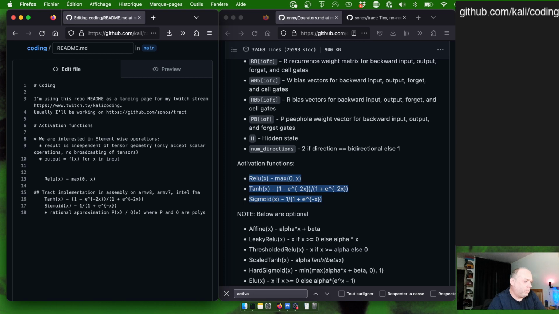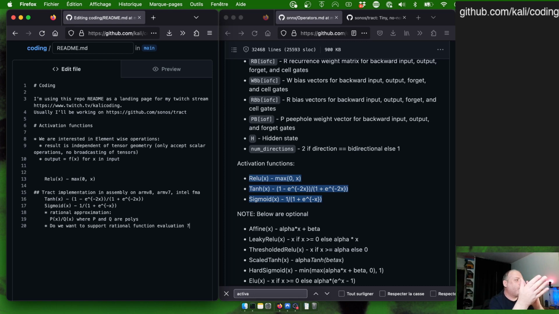And these polynomial and division operations are implemented in assembly with the right coefficients and stuff. So I don't know if I will go as far as supporting this scenario. Support rational function evaluation, because we already have something for this, even if it's a bit manual, and it repeats itself, because we have hyperbolic tangent for ARMv8, hyperbolic tangent for Intel, and we actually have several of them for ARMv8 because of trade-offs depending on the machine, on the actual CPU, because ARMv8 is a family.